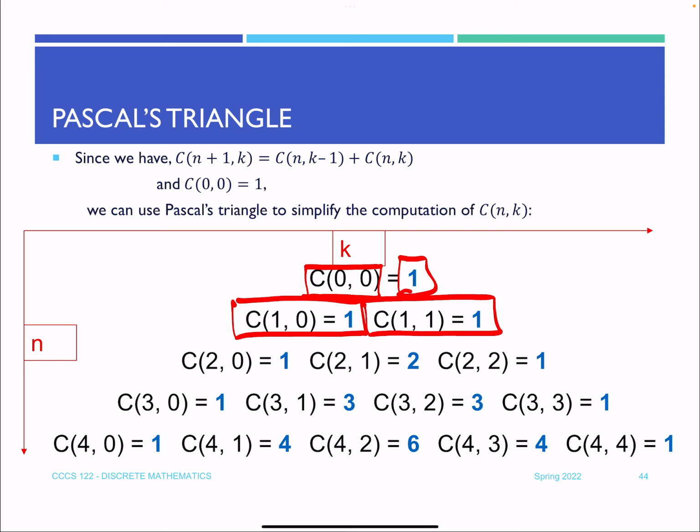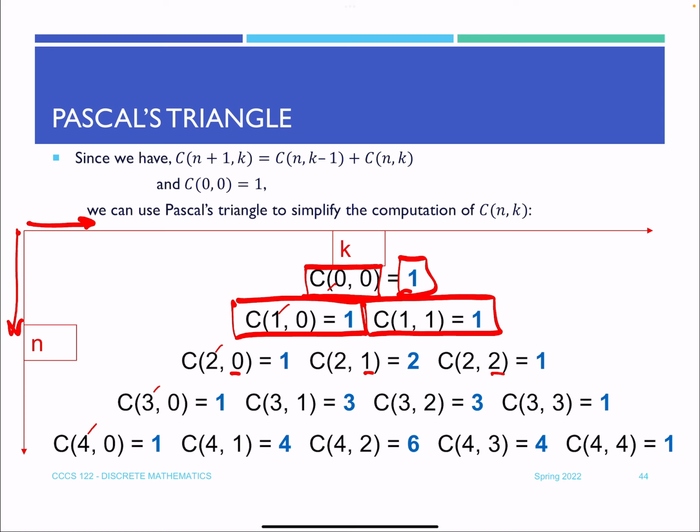So we have n along the vertical axis, and we have k changing along the horizontal axis. So 0, 1, 2, that's k changing, and 0, 1, 2, 3, 4, n changing along the vertical axis.